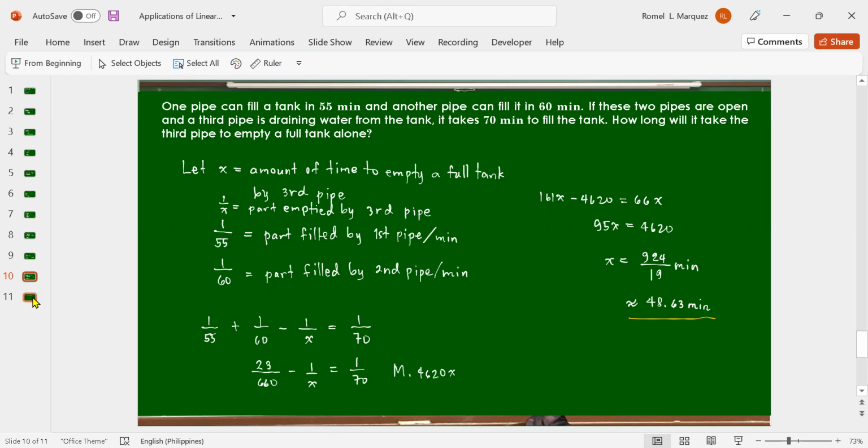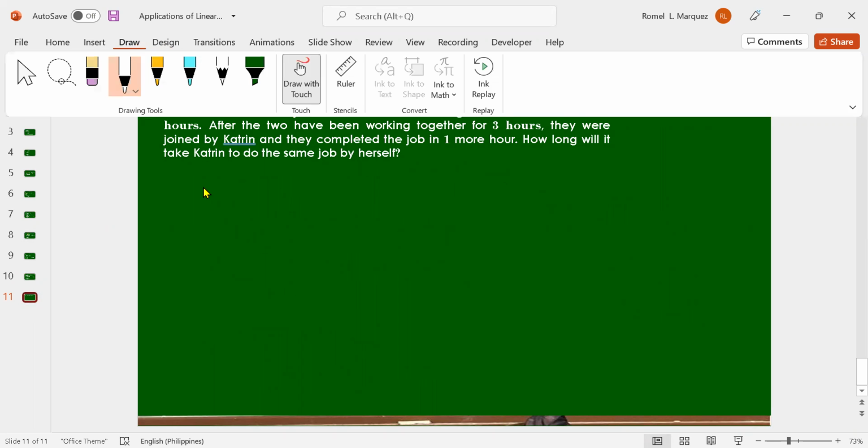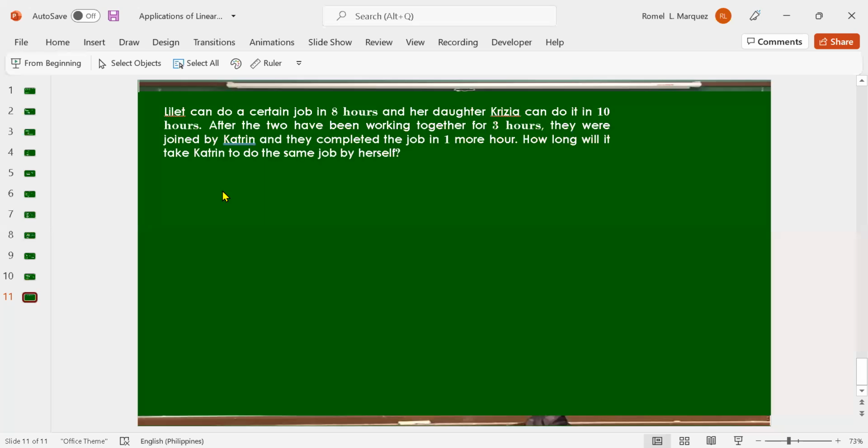A last one. Lilette can do a certain job in 8 hours. And her daughter, Krisha, can do it in 10 hours. Okay? So, ibig sabihin, part of the job, kayang gawin ni Lilette, 1 over 8, ang part ng job that Lilette can finish in 8 hours.